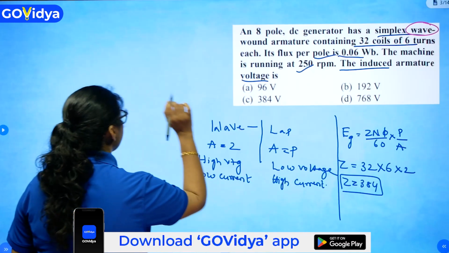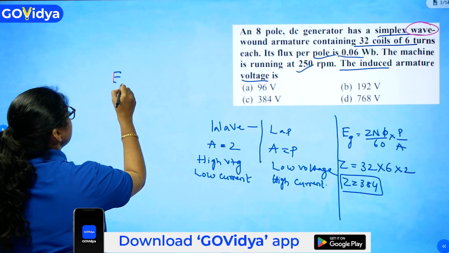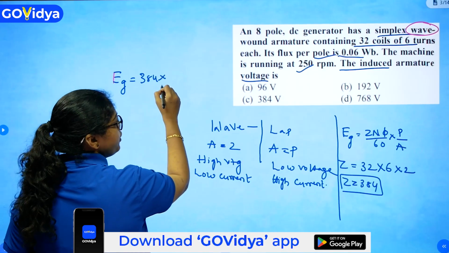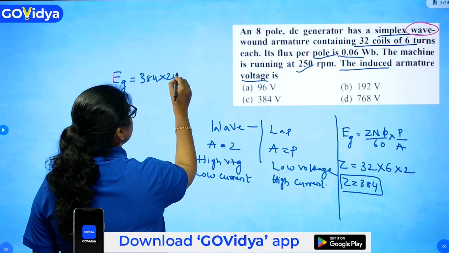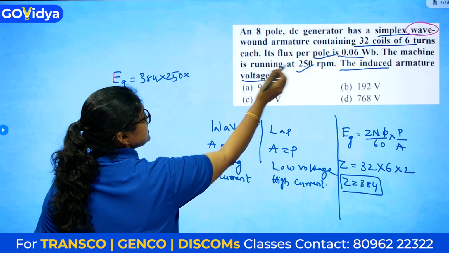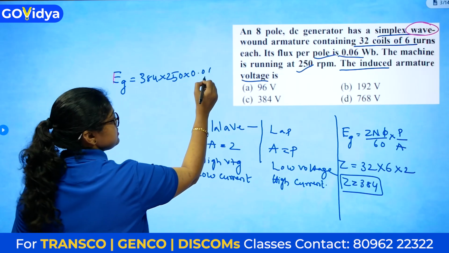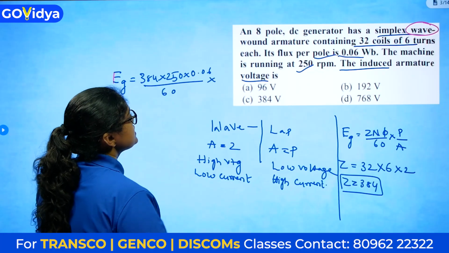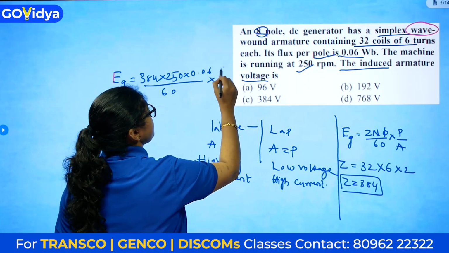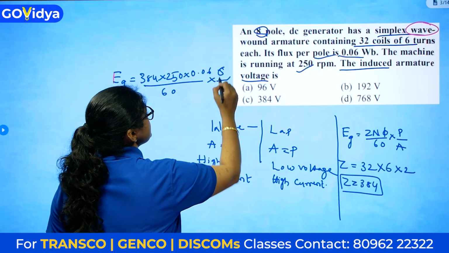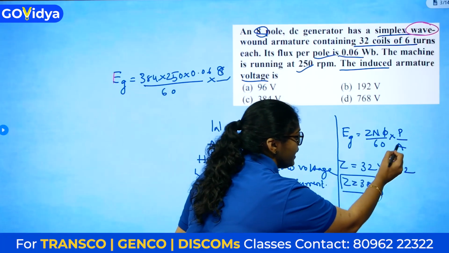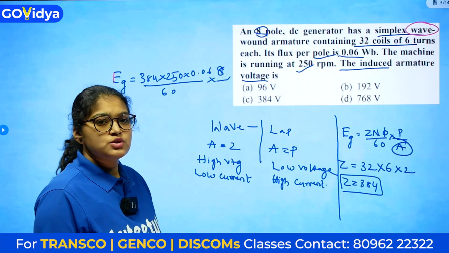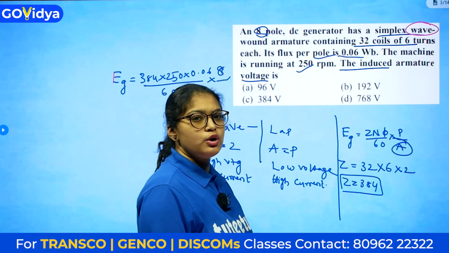Just substitute in the formula. Eg is equal to 384 conductors into speed 250 rpm and flux 0.06 Webers by 60 into the number of poles, 8, by A, which is the number of parallel paths. As the question gives wave winding, the number of parallel paths is 2.